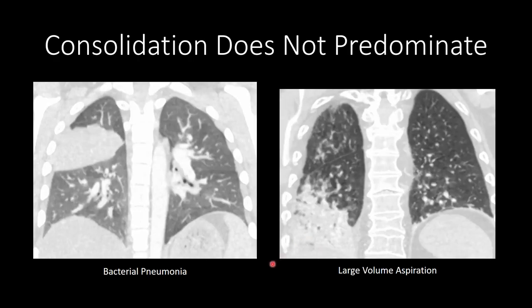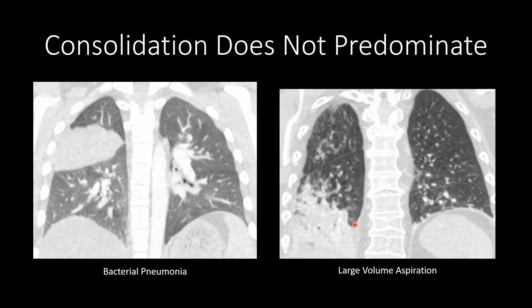In viral pneumonia or coronavirus-associated pneumonia, consolidation does not predominate. This is a case of classic bacterial pneumonia in a segmental distribution, almost a lobar distribution. So this is bacterial pneumonia with consolidation being the predominant finding.